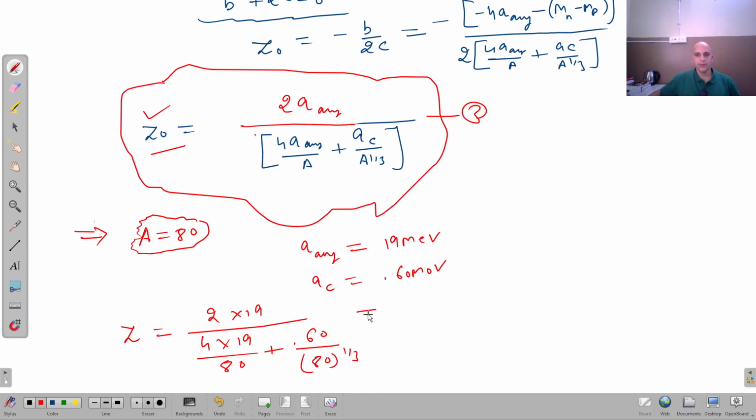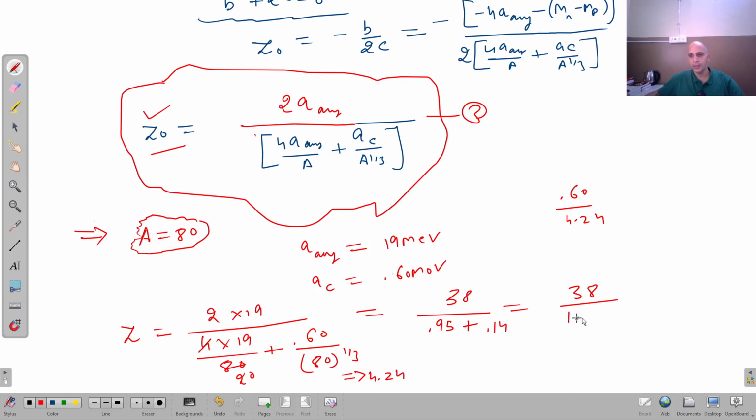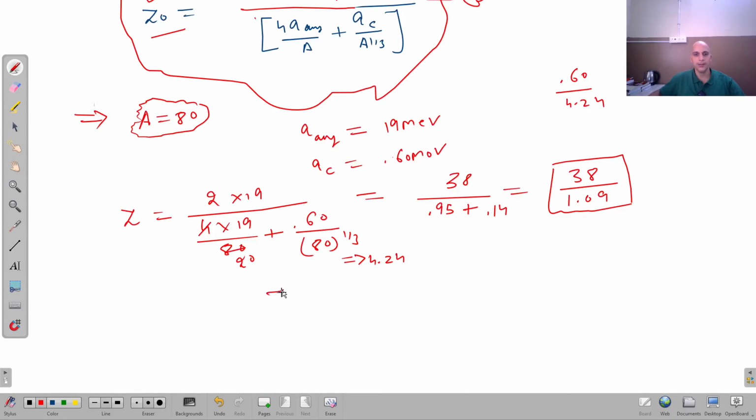It becomes 38 in the numerator divided by 19 by 20, which is 0.95, plus, since 80 power 1 by 3 is nearly 4.24, 0.60 divided by 4.24, which is 0.14. Simplifying further, I get 38 upon 1.09 approximately.